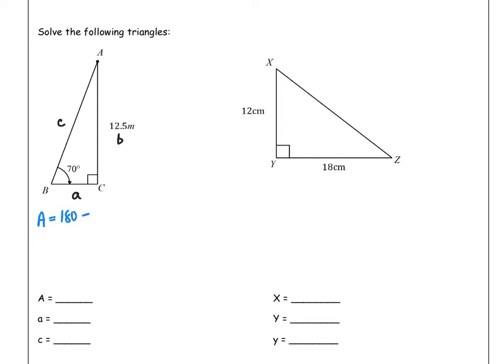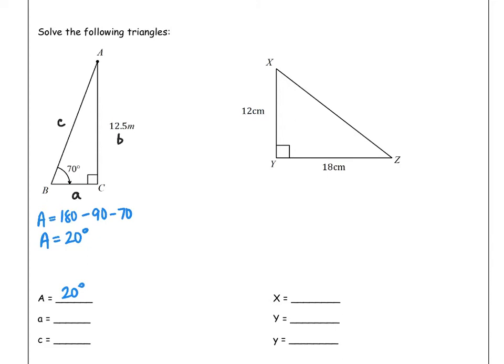Well, this is equal to 90 and this is equal to 70. So I need to subtract 90 and subtract 70. If your brain works the other way and you want to add up 70 and 90 and get 160 and then go, how much more do I need to get to 180? That will also get you the same answer. But either way, we're going to see that angle A is 20 degrees.